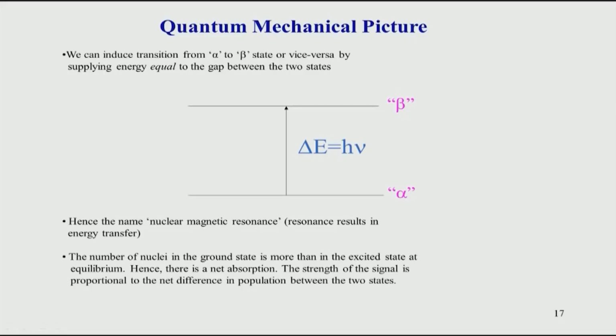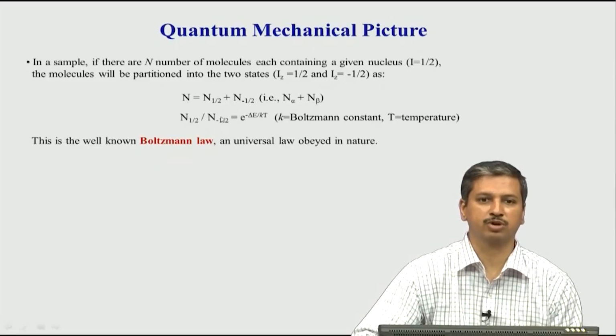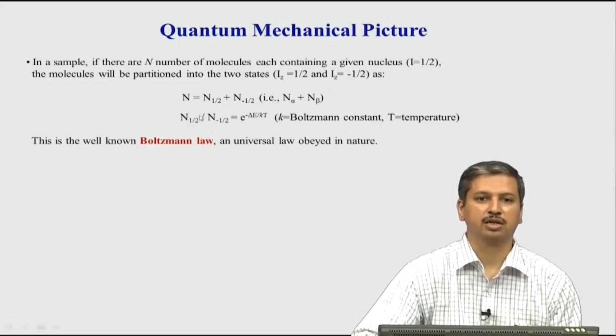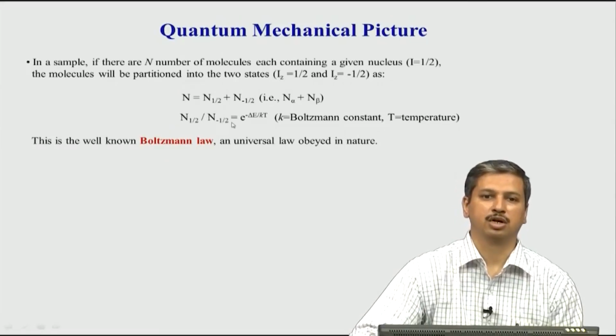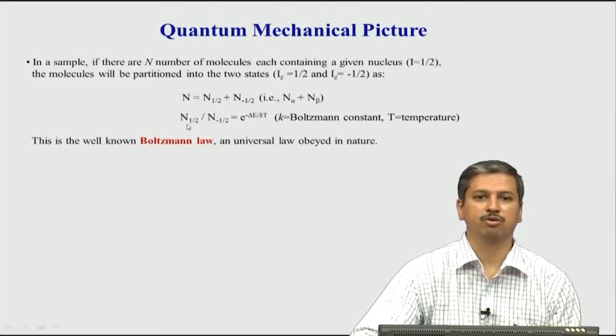Wherever we talk about energy quantization, we talk about population, because molecules are not always exactly equal here and here, there will always be a difference, and that difference comes from a very famous law known as the Boltzmann law. So, we will look at this Boltzmann law now. What Boltzmann law says is that there is always more population in the ground state, that is when its spin is plus half, the alpha state, compared to the upper state.